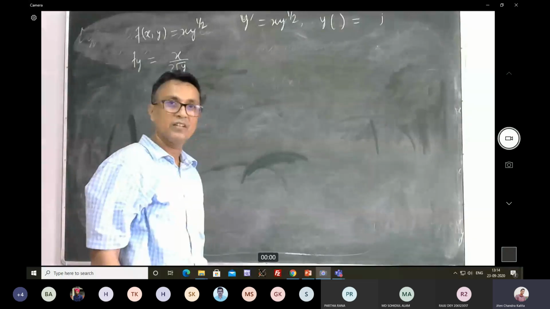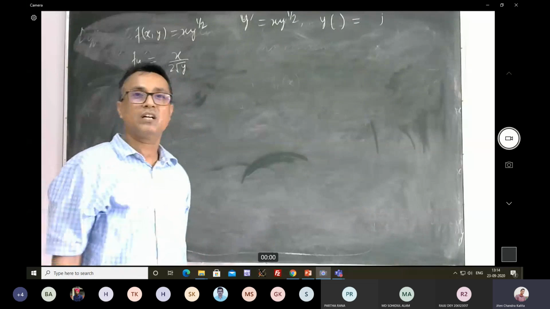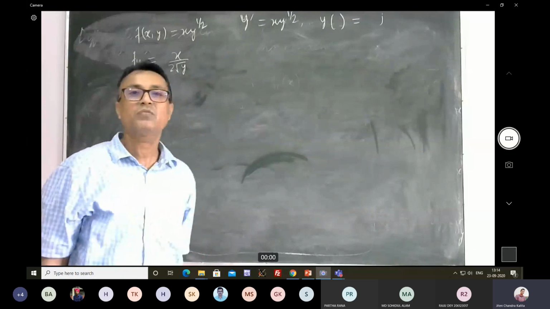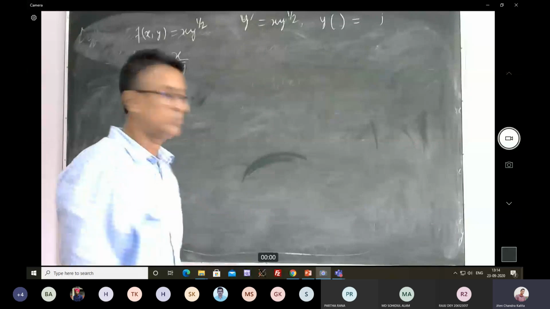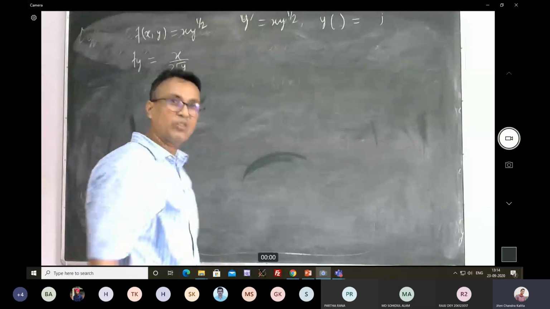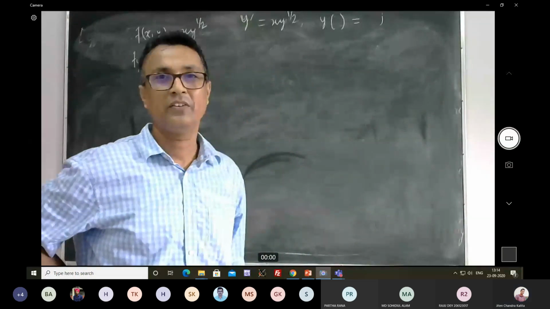That is why Picard's uniqueness condition fails in any rectangular domain containing the point x naught, y naught such that y naught is 0. Is it okay?